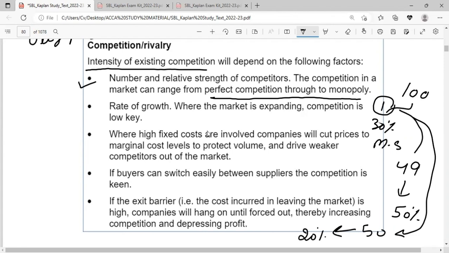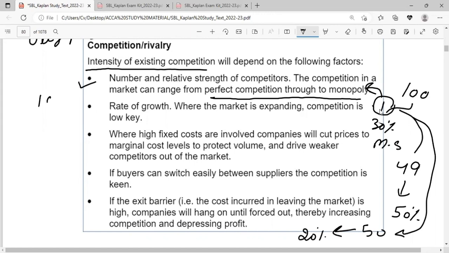So this one can behave like a monopolist in the economy. Why? Because of the high market share. Although there are 100 sellers in the market, they are not of equal size.